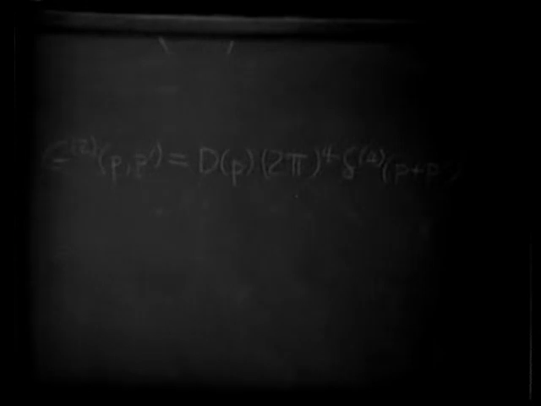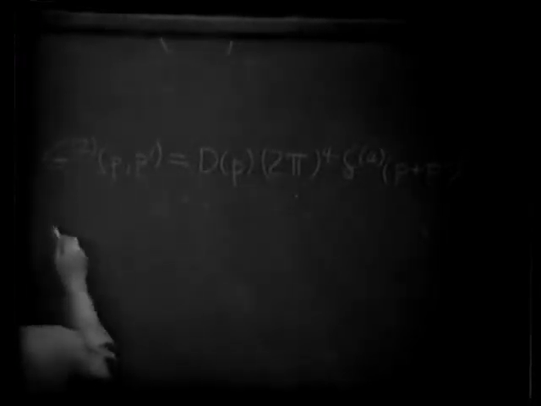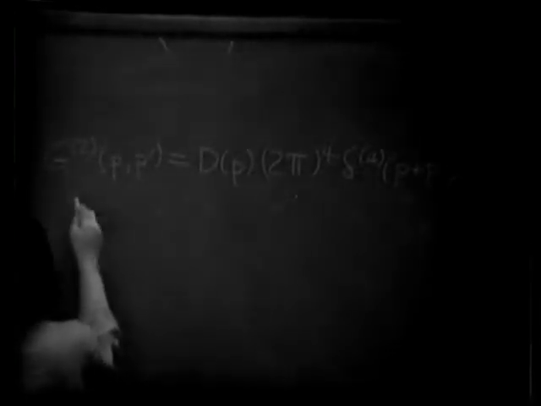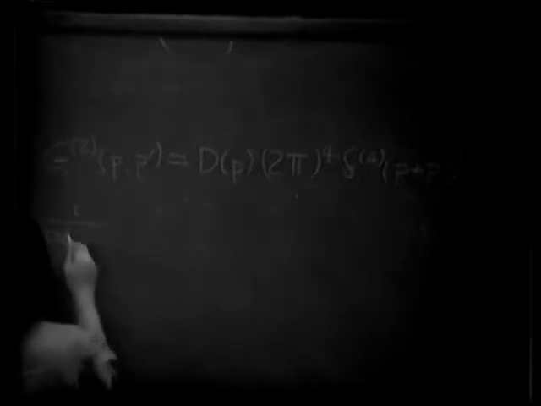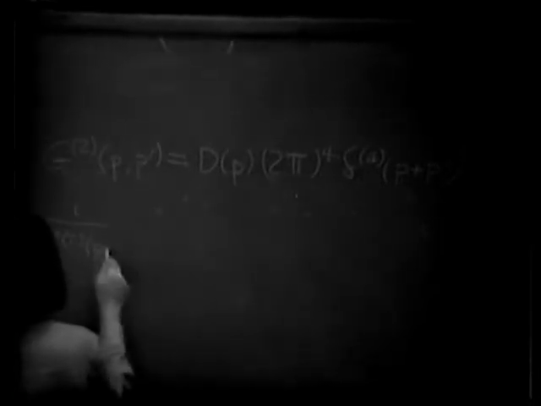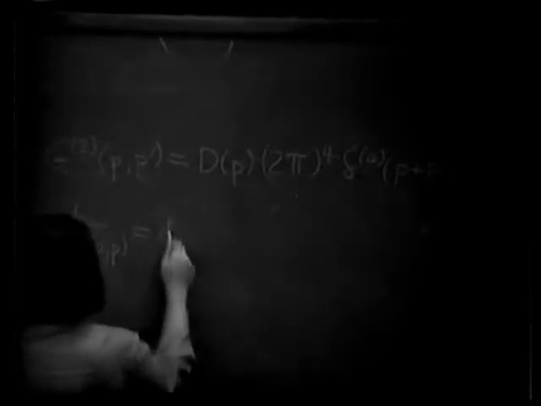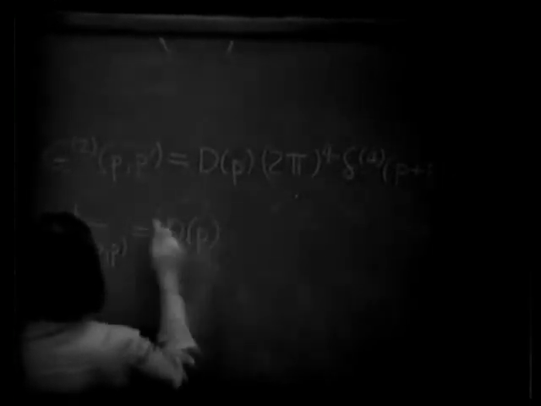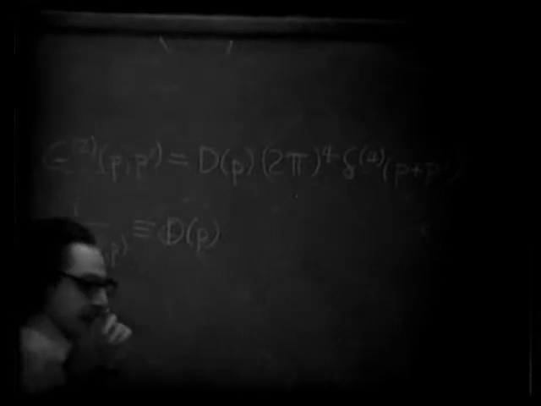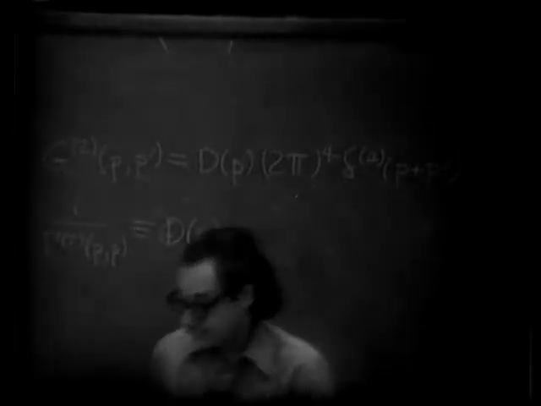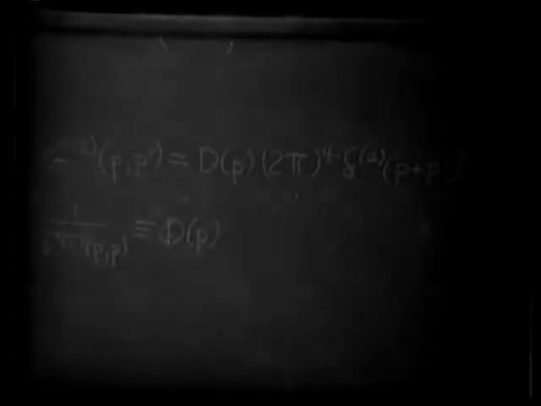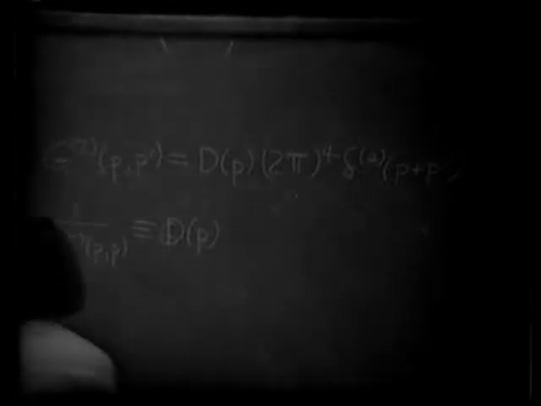I will now define gamma 2 such that i over gamma 2 of p and p equals D of p. That will be my definition of gamma 2. Gamma 2 twiddle, thank you.